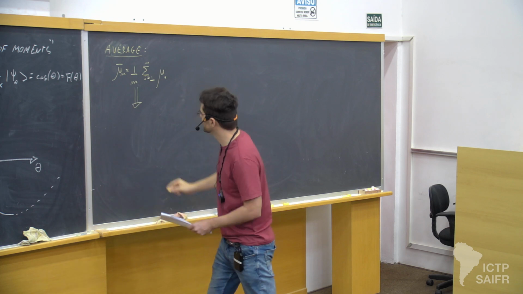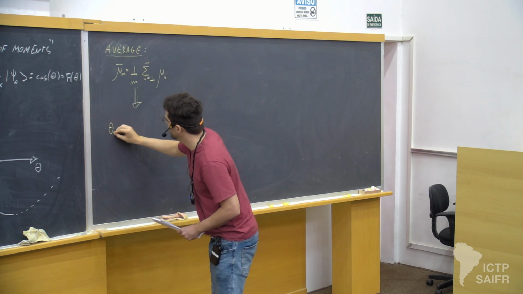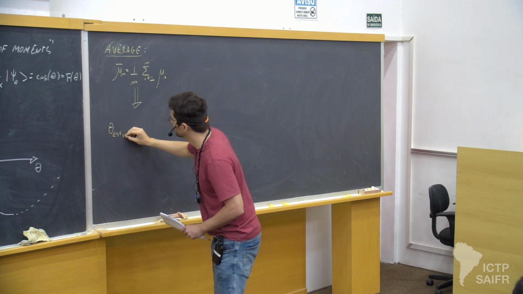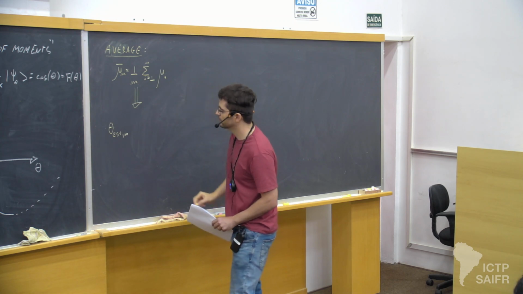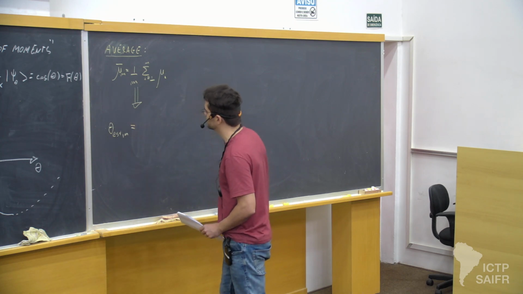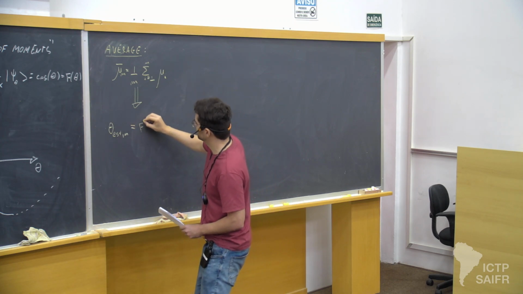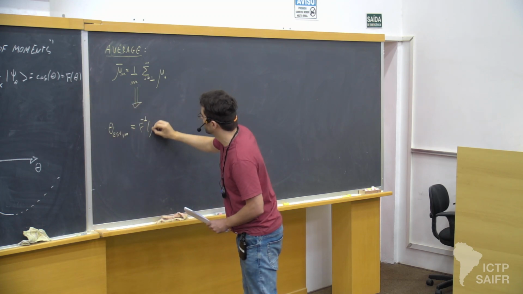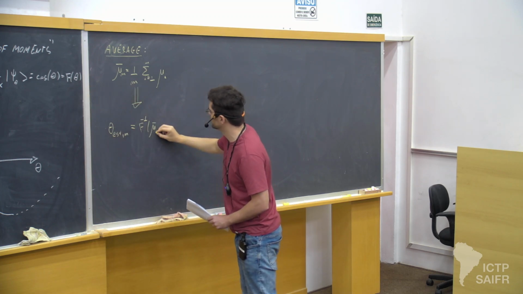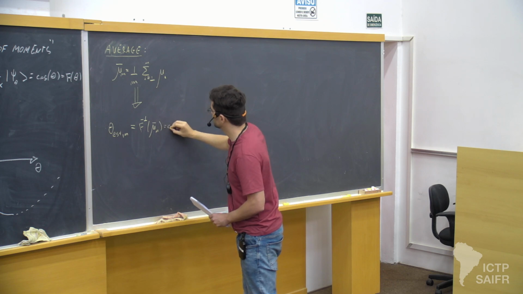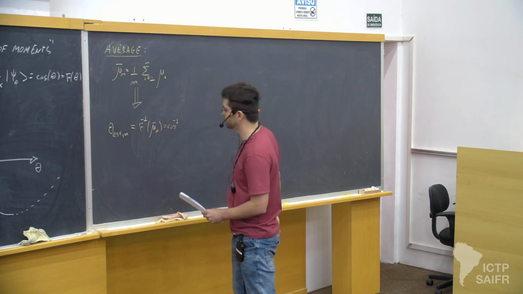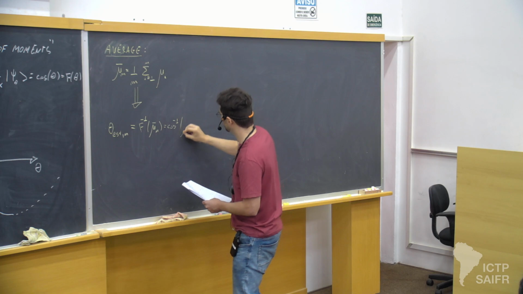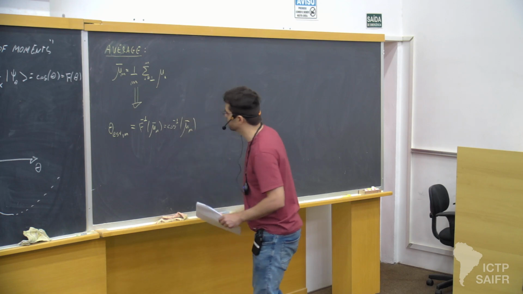So given that, we have an estimation of theta from m measurements that is just making the inverse of the cosine over my average here.